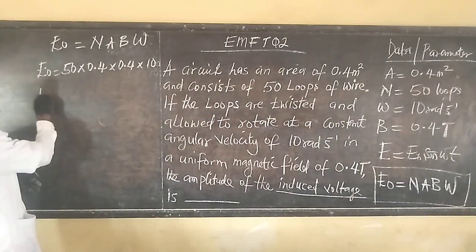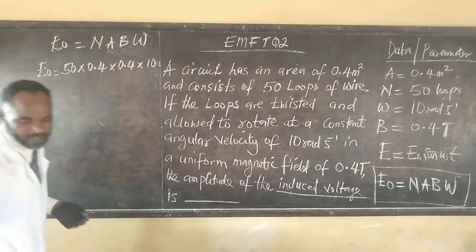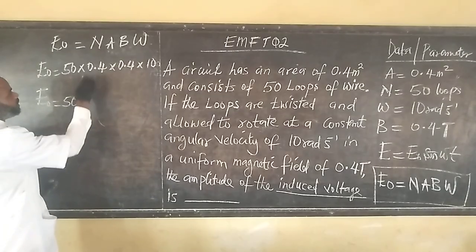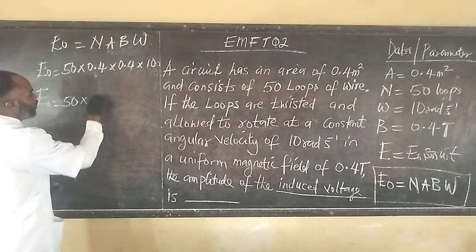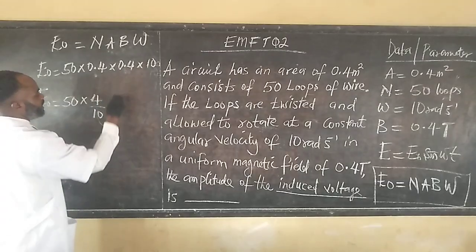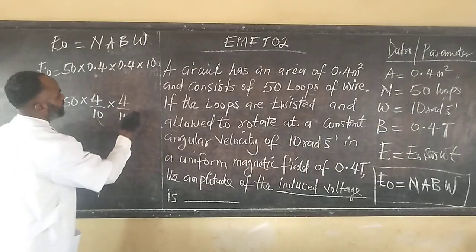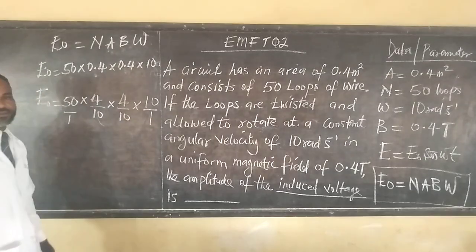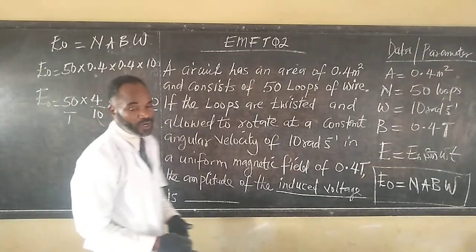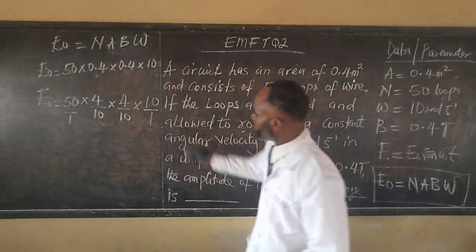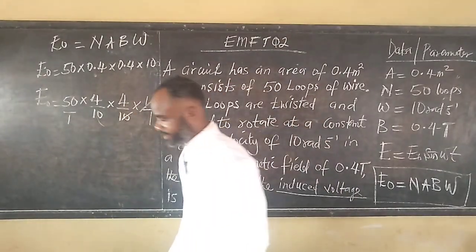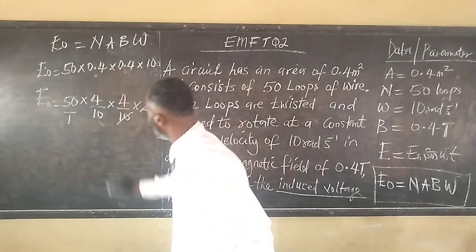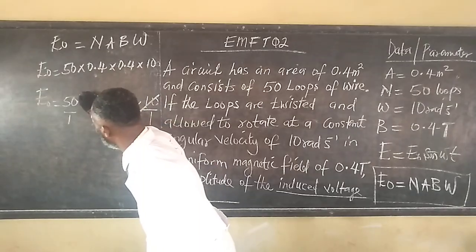So we have E naught equal to 50 times 4 over 10, times 4 over 10, times 10 over 1. 10 cancels 10, the 10 here takes care of this 10, and the 0 here takes care of this 0.